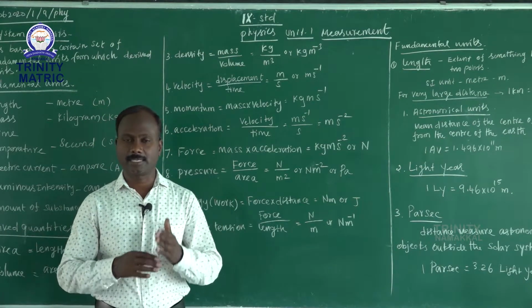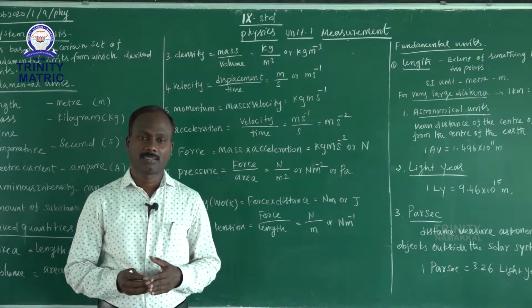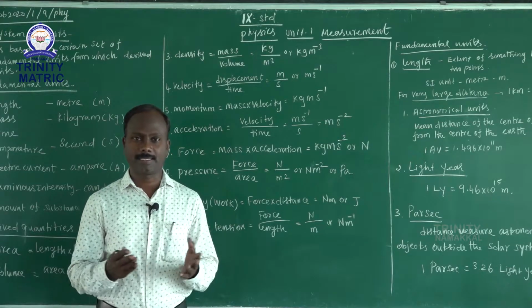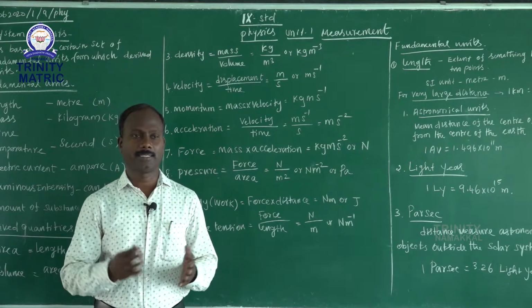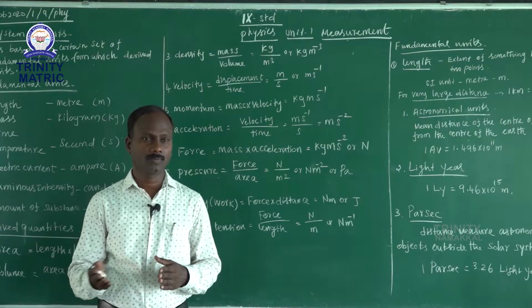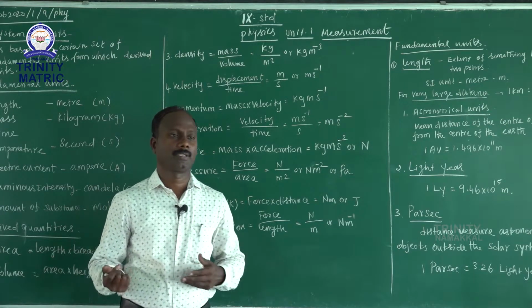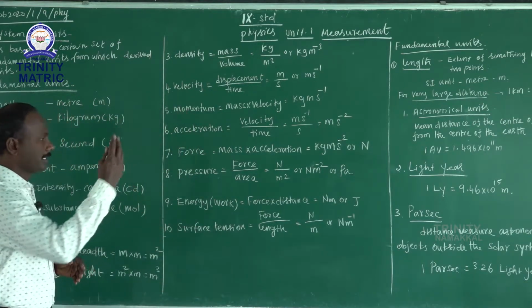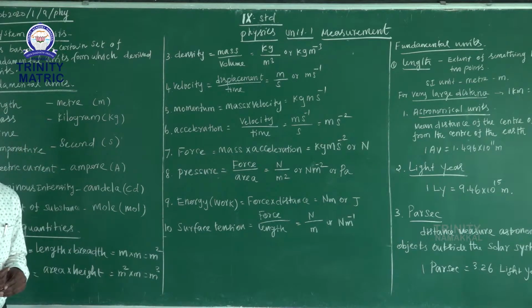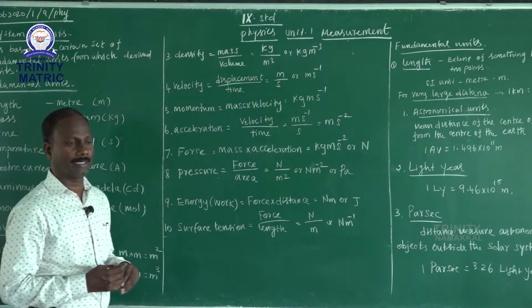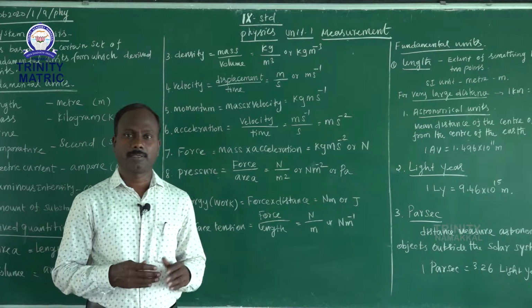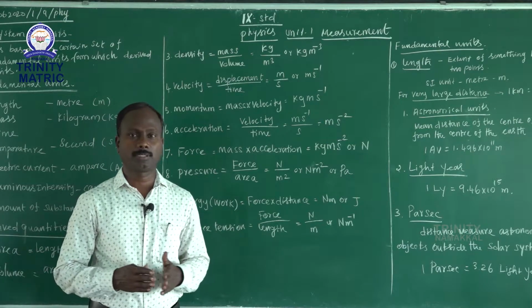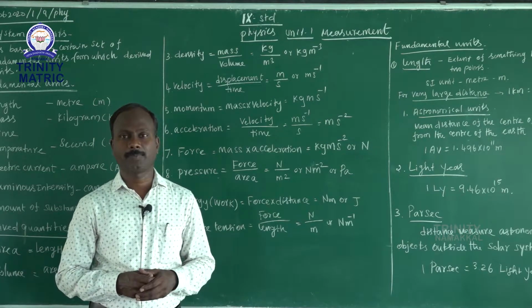Different countries had a different type of system. For the CGS system, then the FPS system, then the MKS system. CGS system means centimeter, gram, second, and FPS system means foot, pound, second.